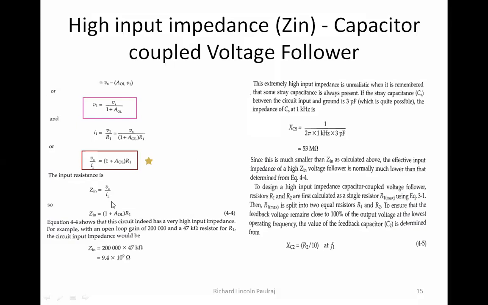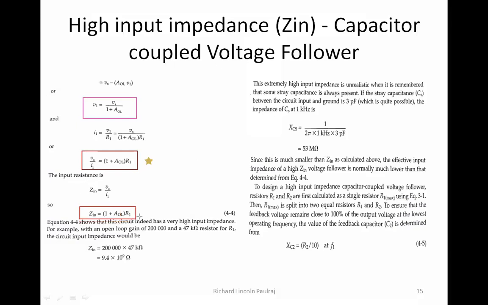I2 is the current generated at the bottom resistor, R2. So ultimately Zin is equal to 1 plus AOL into R1.